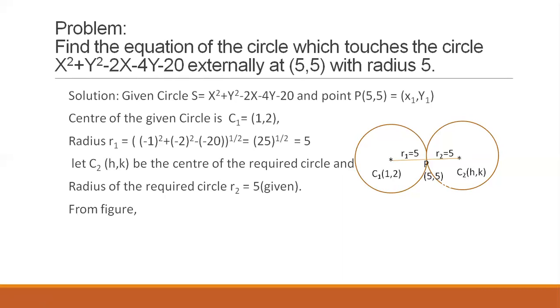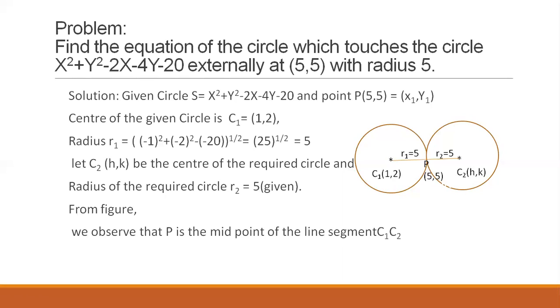If you observe the figure, children, P is dividing C1C2 in the ratio of R1 is to R2. But here R1 and R2 are the same. That is, C1P is equal to PC2. So, we observe that P is the midpoint of the line segment C1C2.